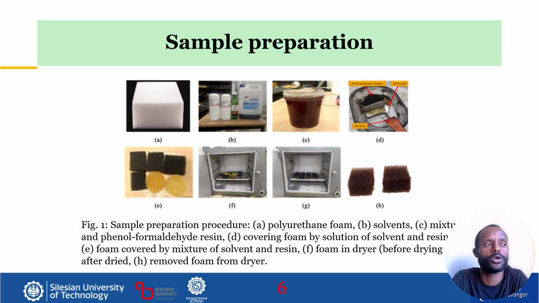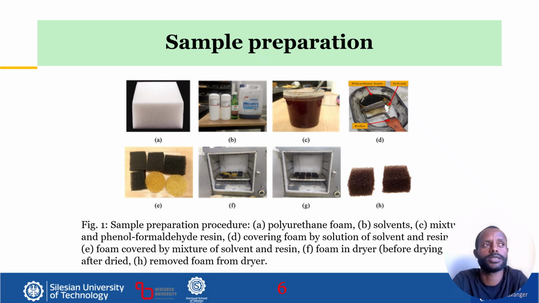The purpose of using phenolformaldehyde to cover this polyurethane foam is that polyurethane foam easily burns when we put this foam into a dryer or furnace. So we cover it with phenolformaldehyde.